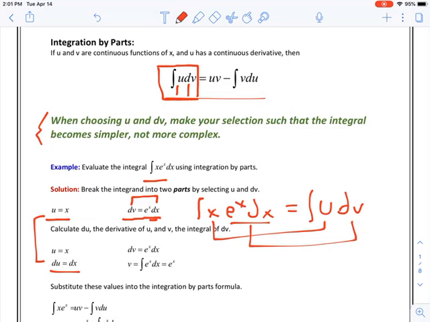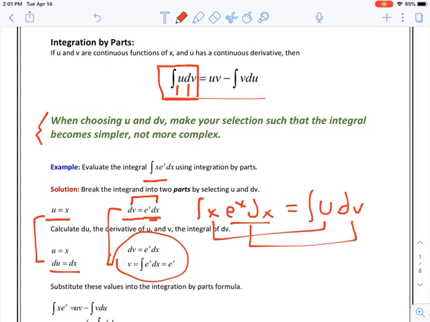Now, the dv we have to integrate. You can think of dv as being the derivative of v. So if dv is equal to e to the x dx, we want to find v, so we have to find the antiderivative. We already know how to do that.